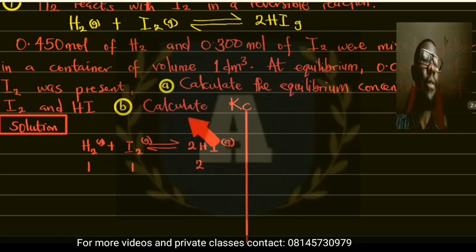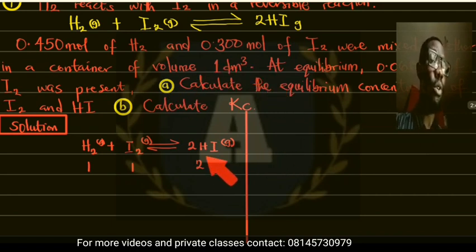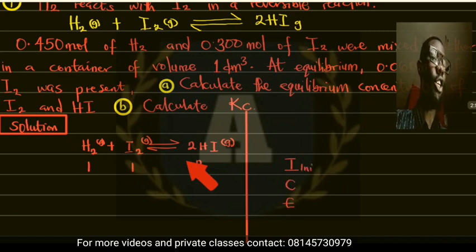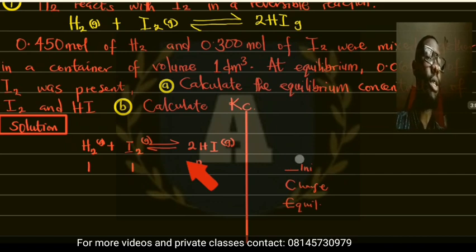Now, very important, to solve a question that has to do with equilibrium quantity, we make use of this format: ICE. I stands for the initial mole, C stands for change, while E stands for the equilibrium mole. So ICE is what we're going to work with to solve intelligently.